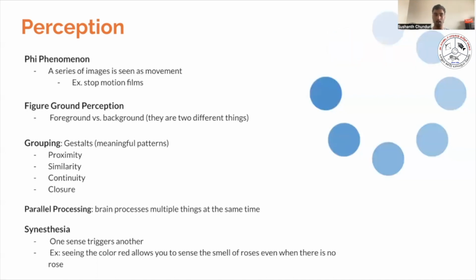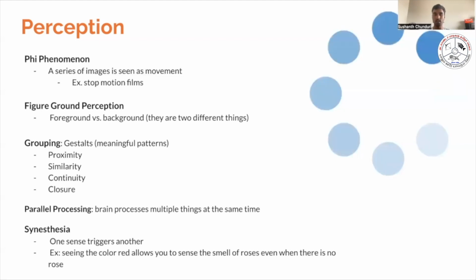Another important concept to know is figure-ground perception. Based on where the foreground and the background are, we perceive things differently. There are also grouping patterns, right? This has to do with the Gestalt principles, and there are really 4 grouping patterns that you need to know. One is proximity.